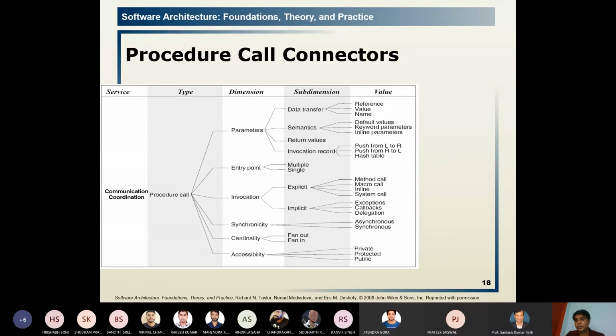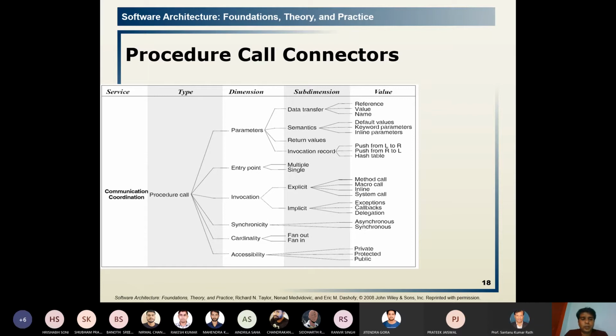Semantics means the default values, the keyword parameters we use frequently, and the inline parameter associated with the connector. Next, return values. Then invocation record: pushing the value from left to right, pushing from right to left, maintaining the hash table. These are some values with the sub-dimensions.